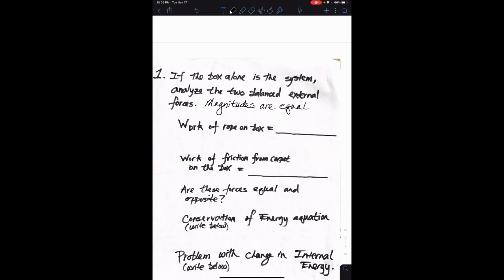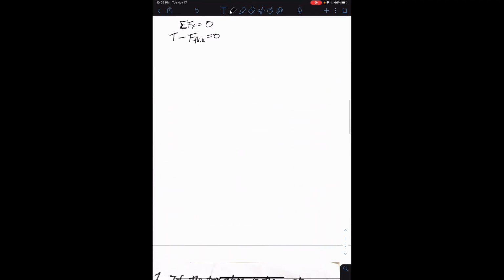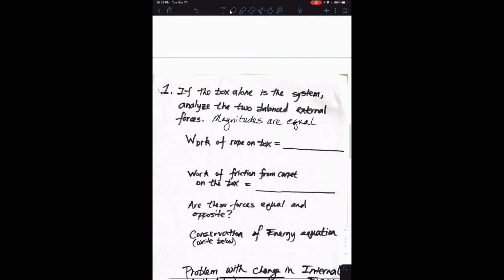Okay. What is the work of the rope on the box? Okay, so I think we can write this, right? We know our work formula is W equals FD cosine theta.